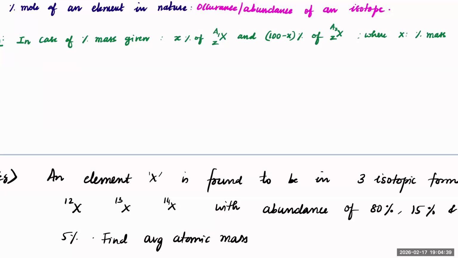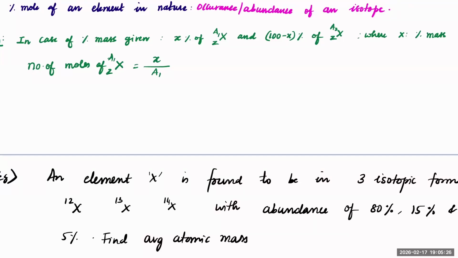So if I consider that there is 100 grams of the total amount, out of which this much is for this isotope and this much is for that isotope, then the number of moles of X A1 Z will be equal to the mass x divided by the mass number, which is how much, beta? A1, right? Approximately A1 into u. This is the mass number. That's clear?